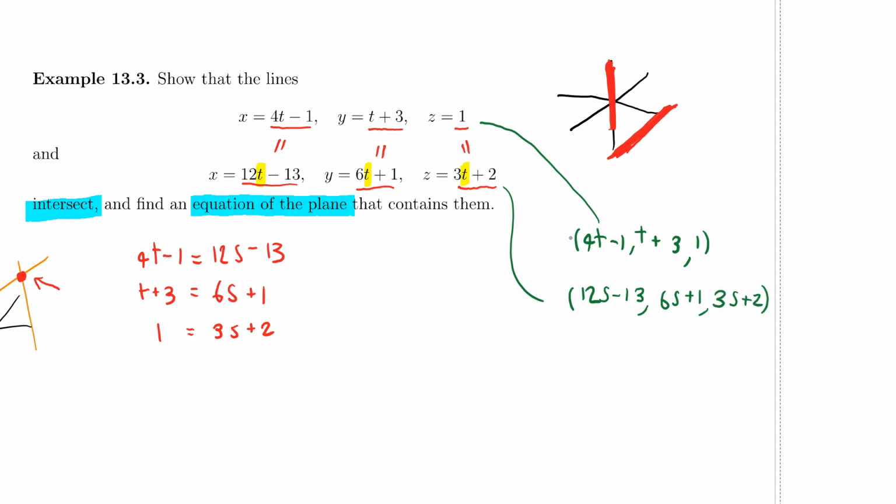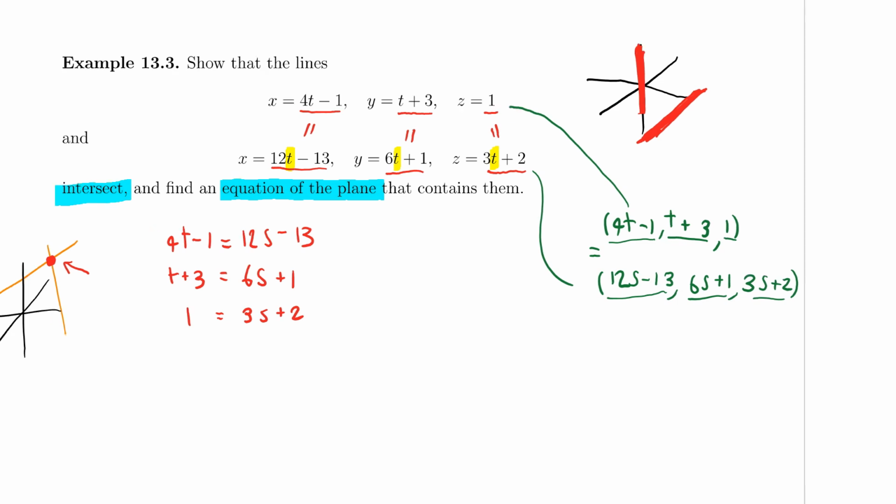I need these 2 points to be equal, and for two points to be equal, they have to be equal in every coordinate. So this equals this, which is what we have here, this equals this, which is what we have here, and then this equals this, which is the last equation we have.